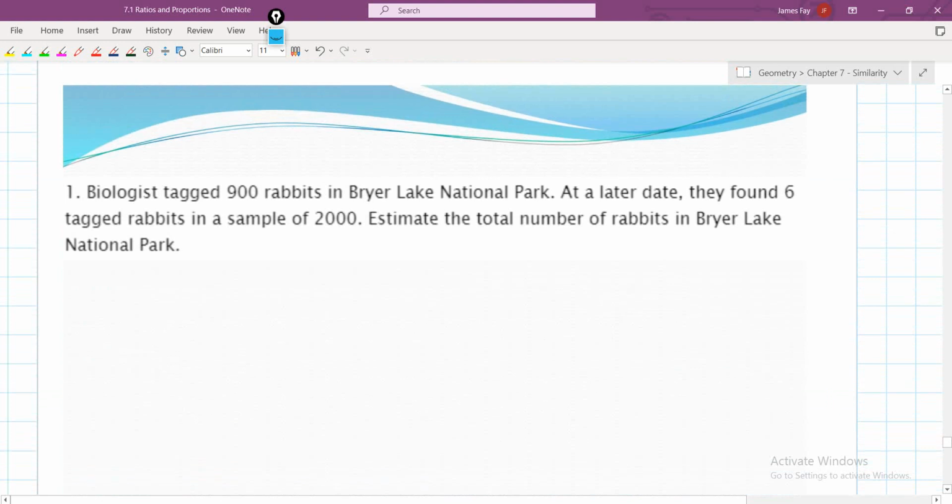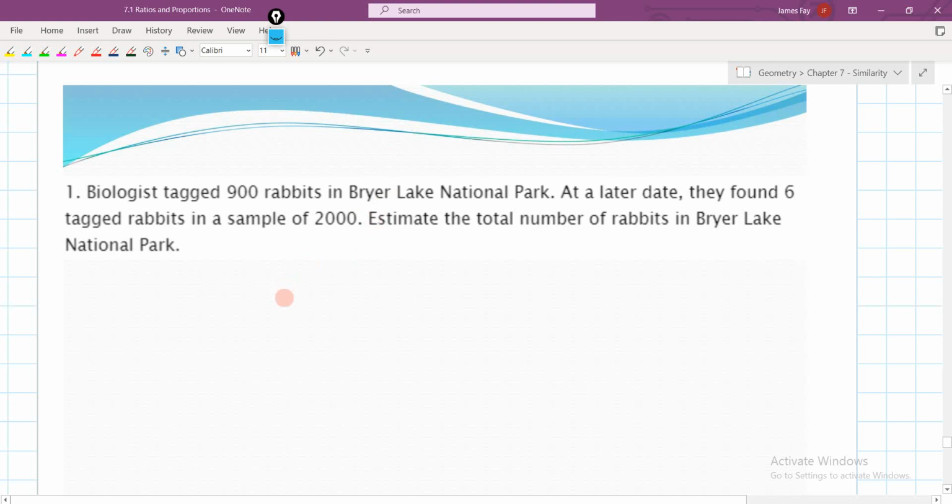I like this question because this kind of gives you an idea of how ratios are actually used in the real world. This is a biology question, like a conservation type question. It says biologists tagged 900 rabbits in Briar Lake National Park.